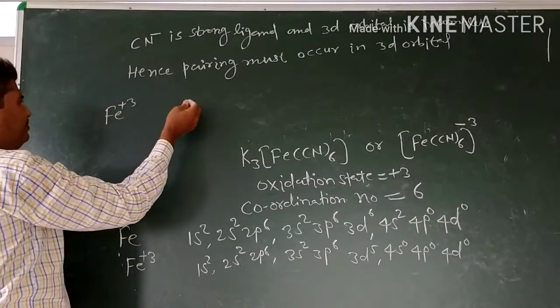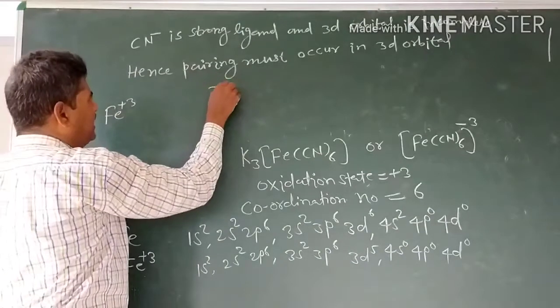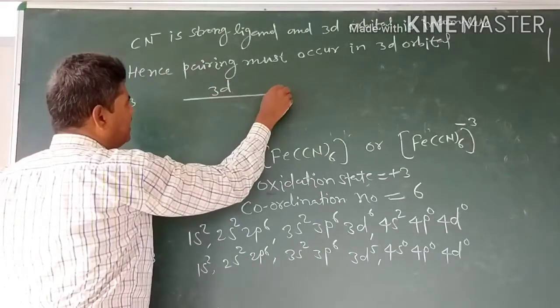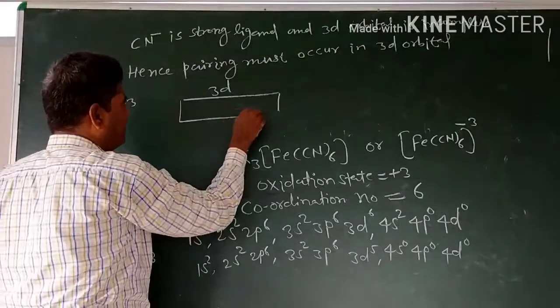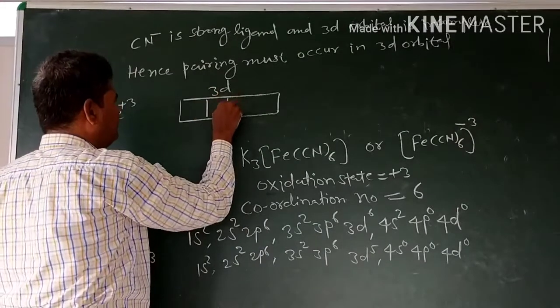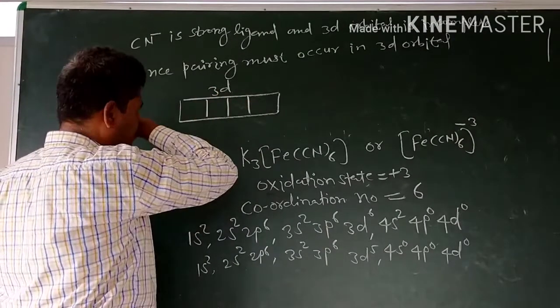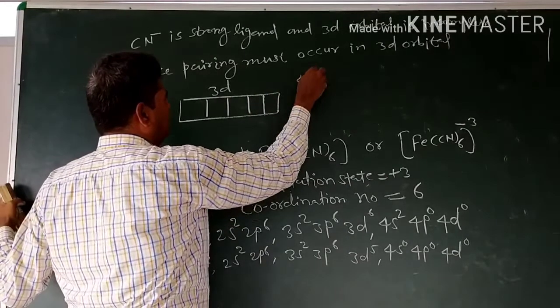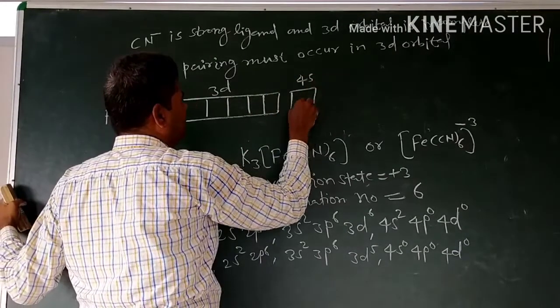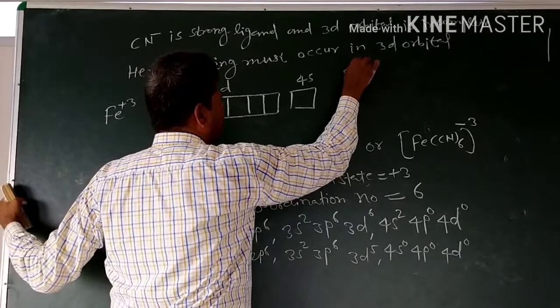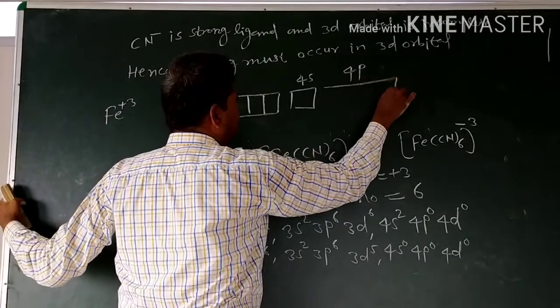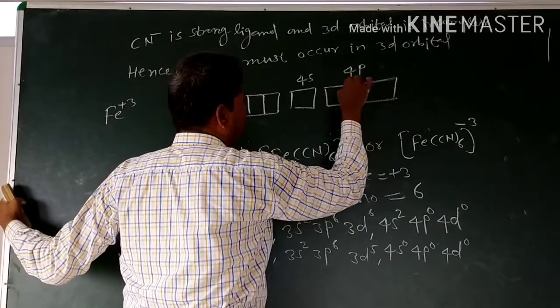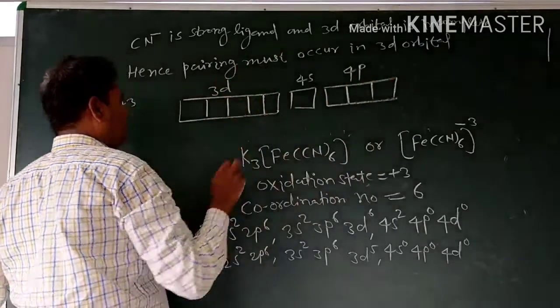Fe+3: d orbitals are of 5 types. 4s orbital is of 1 type, and 4p orbitals are of 3 types: px, py, pz.